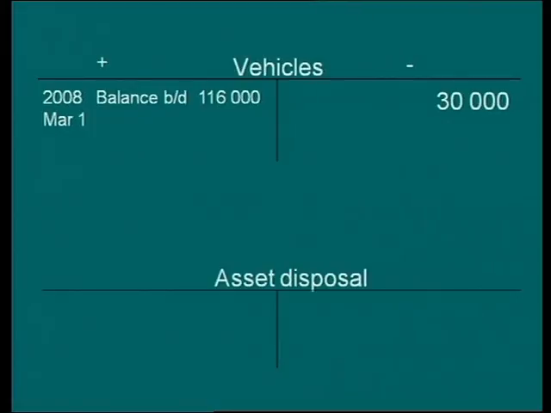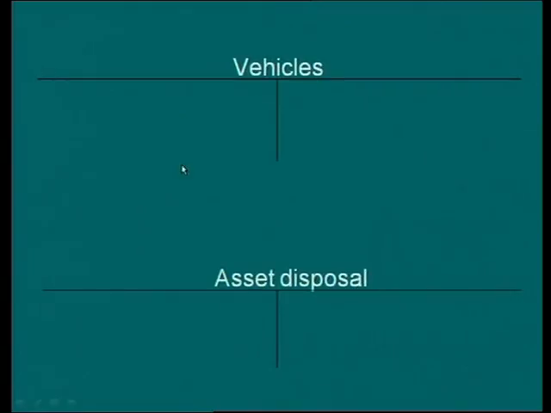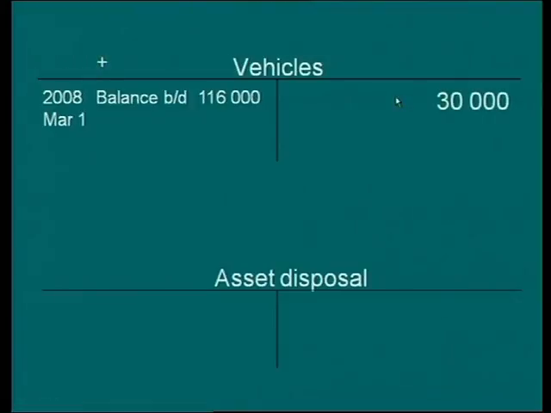So we have on this side our vehicles, I'm so sorry, on this side, our vehicles, which increased. Okay, we show we have an asset. On the other side, we're showing that we are losing an asset. Now remember, I spoke to you earlier on, learners, about historical cost.